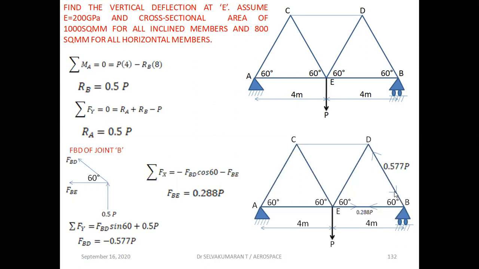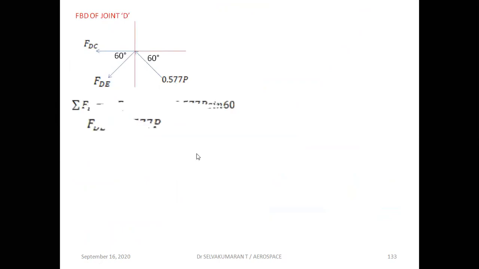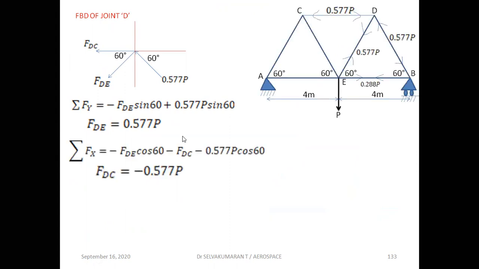And in the next step, we'll move on to joint D, the free body diagram of joint D. Resolve it, sigma Fx equation and Fy equation, and put it on the figure. Towards the joint is compression, away from the joint is positive, tension. And I've taken the free body diagram of this joint here.